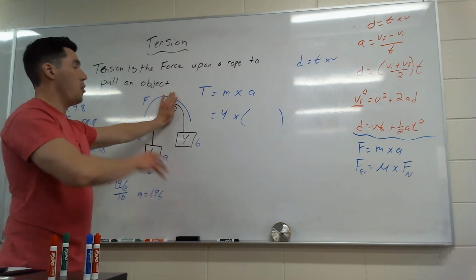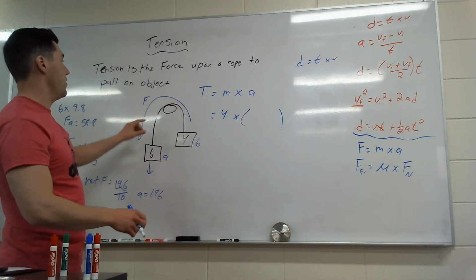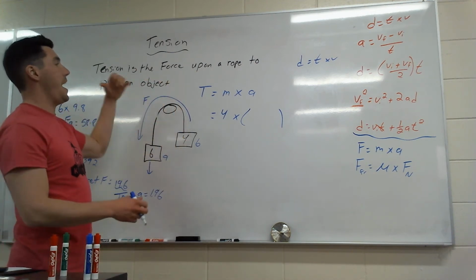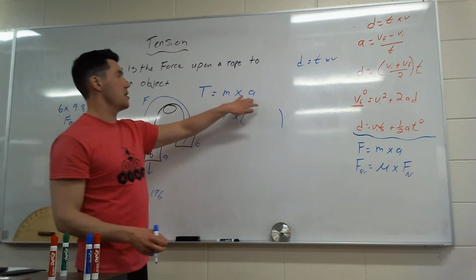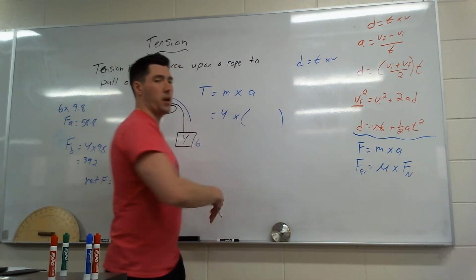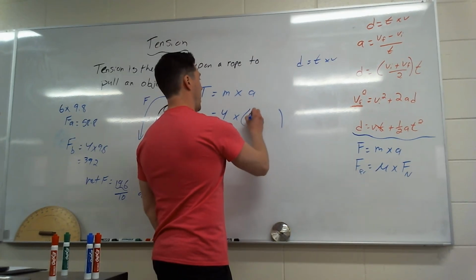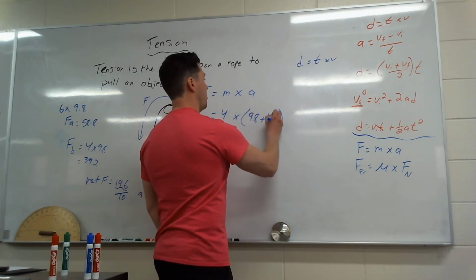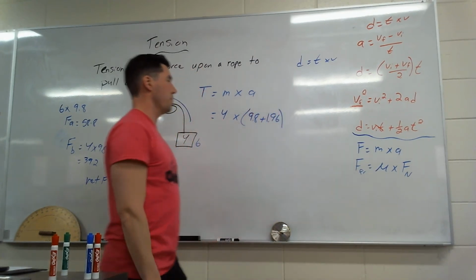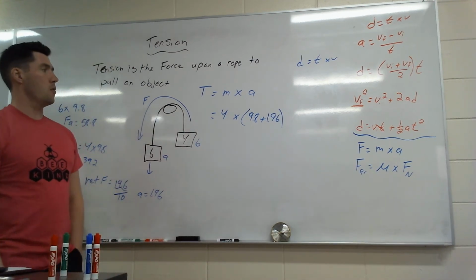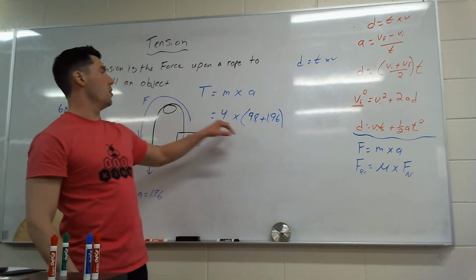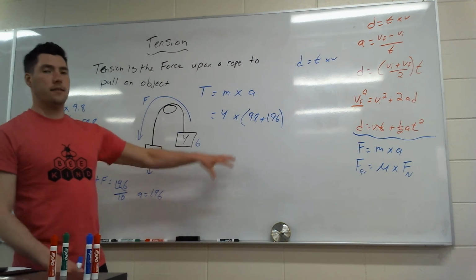That would be without this. Now that we also have this pulling it up, there's going to be extra tension. So my acceleration here is going to be gravity, because I'm going against gravity, 9.8 plus 1.96. Once you add those together and multiply by this mass, that's going to give you the tension.